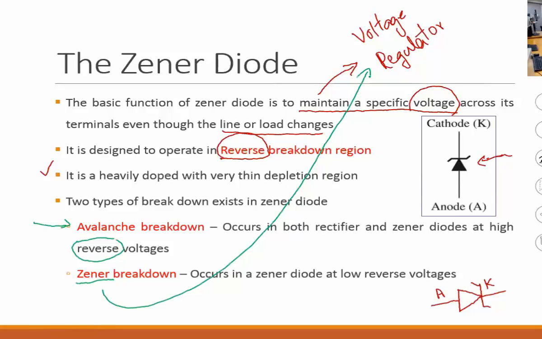Remember, breakdown is just a term that means we are operating in the reverse condition. It occurs in a Zener diode at low reverse voltages. But if you put a very high reverse voltage, of course, you can damage the Zener diode as well, like traditional diodes. But it's very hard to damage a Zener diode.